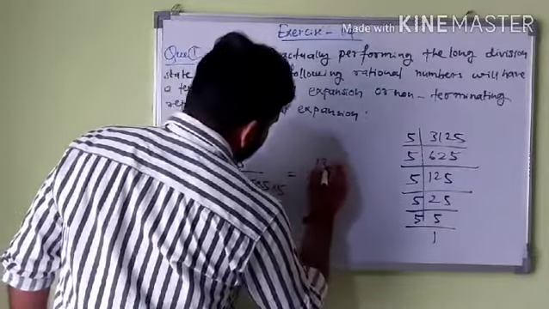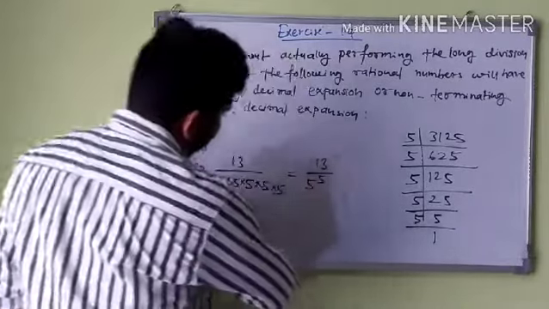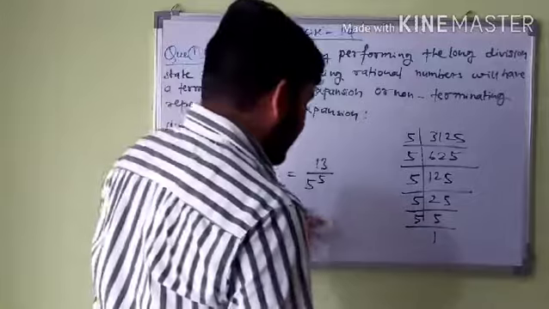We can write it in the form of 13 multiplied by 5 to the power 5. Okay, we can see that here.